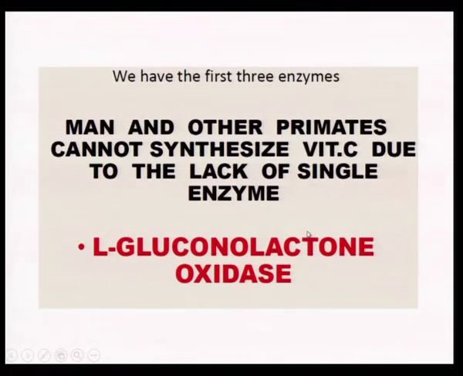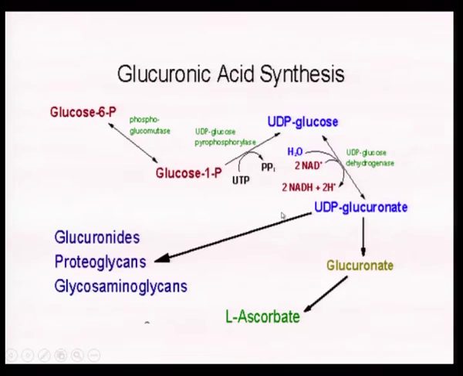So, we have the first 3 enzymes. Since humans and primates cannot synthesize, okay, so this particular enzyme is L-gluconolactone oxidase. So, in this glucuronic acid synthesis, you find the UDP glucuronate, which is getting converted into one of the raw materials which has been used by microorganisms, the proteoglycans, glycosaminoglycans, glucuronide.